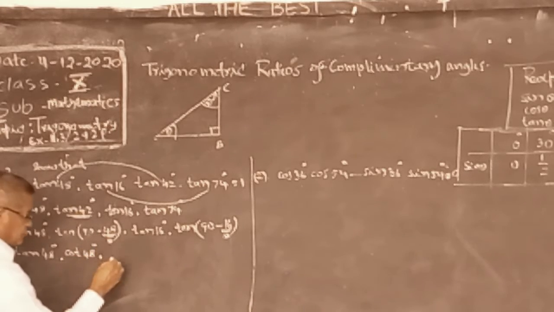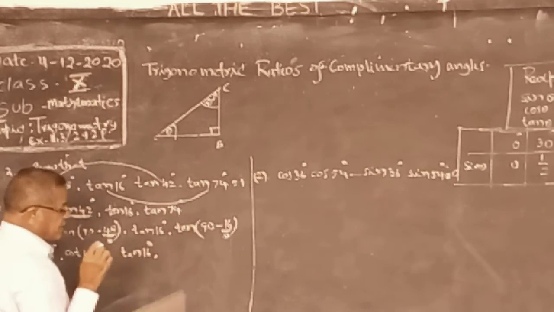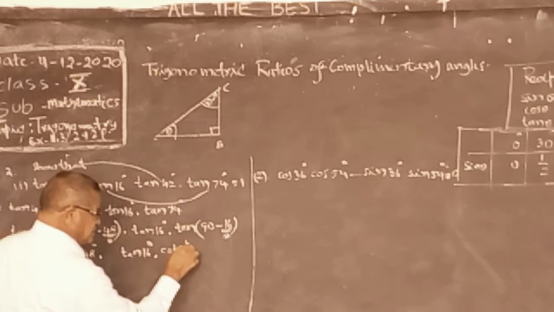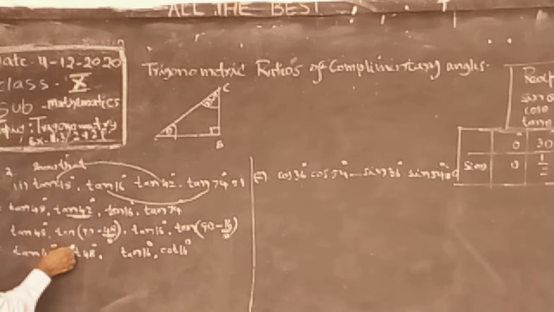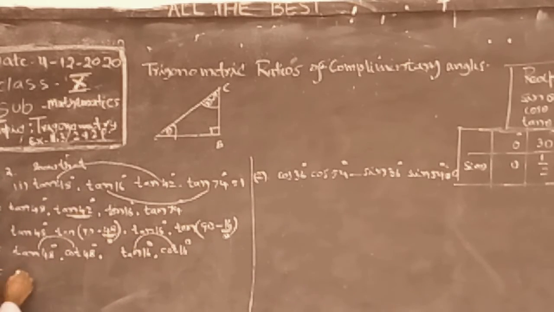Next, tan 16 into tan 90 minus theta, cot theta, is 60 degrees. Tan and cot 1, tan and cot 1. So this is 1 into 1, this is 1. Second question also same.